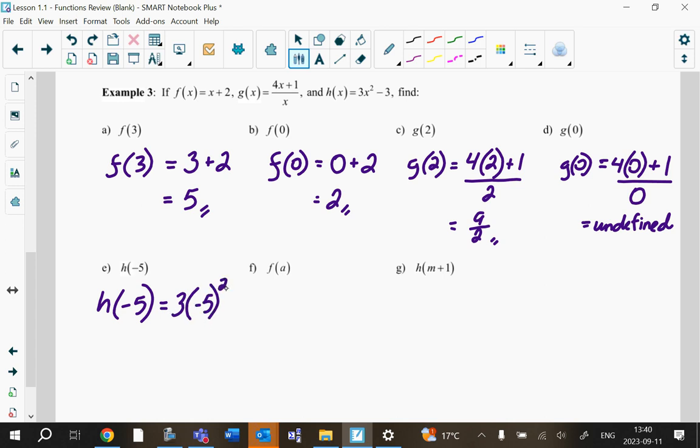And the one thing you've got to be careful of in this question is squaring the negative. Remember, this is not 5 squared and then put a negative in front. This is -5 times -5, which is positive 25. And that will give you 75 minus 3, so your final answer will work out to 72. Remember, when you square a negative, it becomes positive.